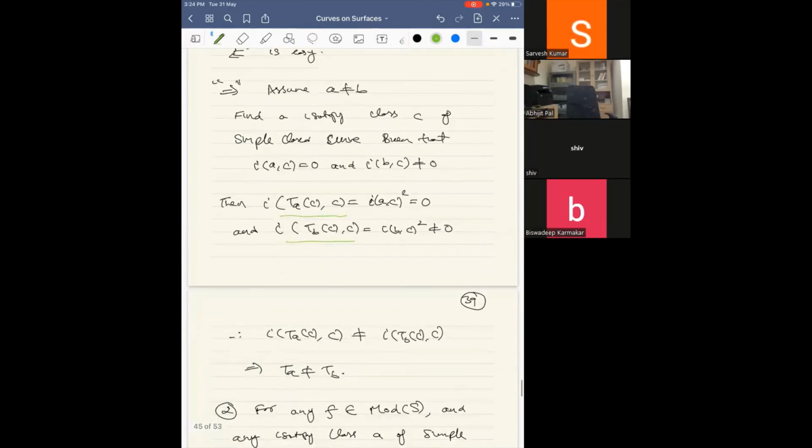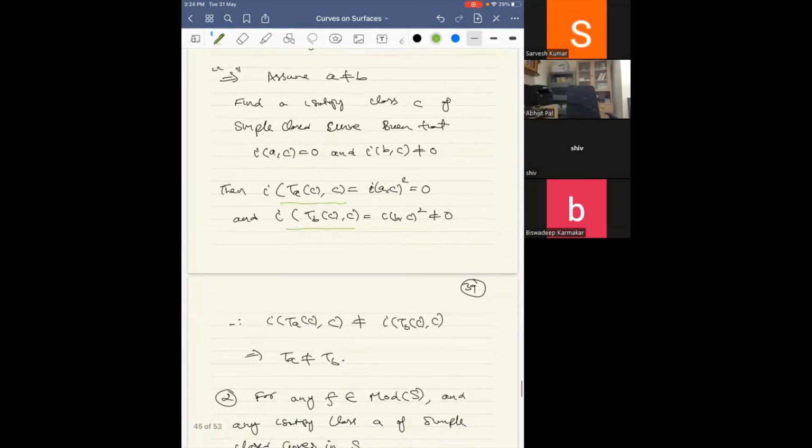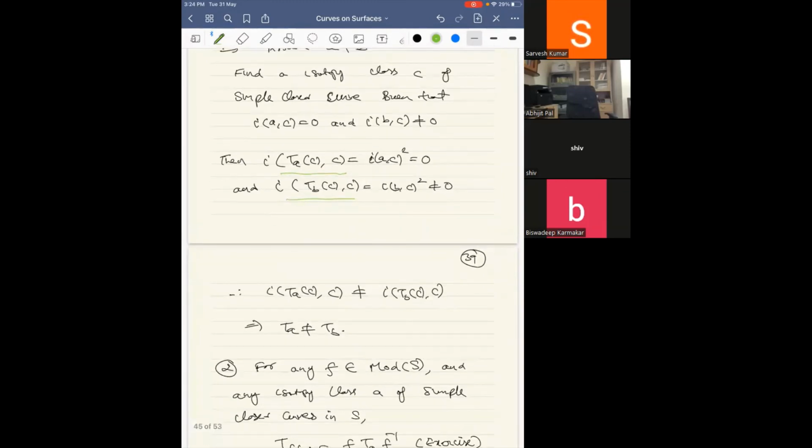The geometric intersection number of T_A(C) and C is different from that of T_B(C) and C. Had T_A and T_B been equal, you would get equality here, because if two elements in the mapping class group are the same, then this geometric intersection number is preserved. But we get these to be not equal. So T_A must be different from T_B.